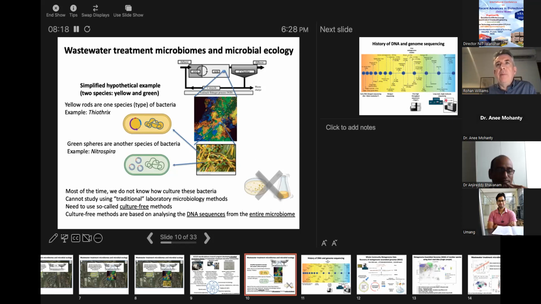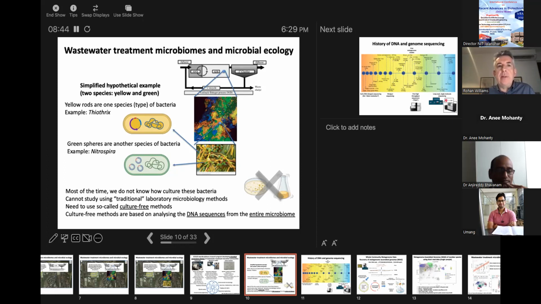The problem with most of these bacteria is that we don't know how to culture them. This is true for most natural environments. We really have no idea how to culture most of the bacteria that we find, and therefore we can't use the repertoire of genetic, biochemical, physiological and morphological techniques that classical microbiology developed very successfully.